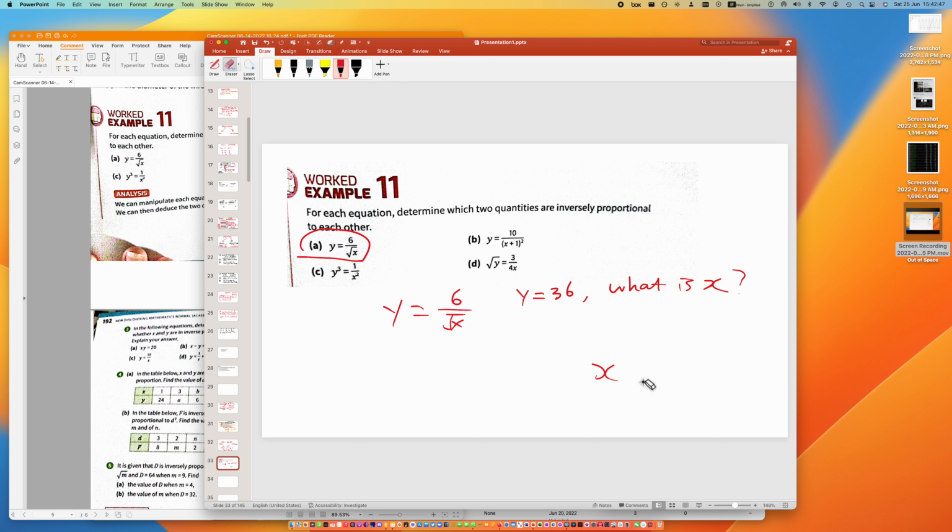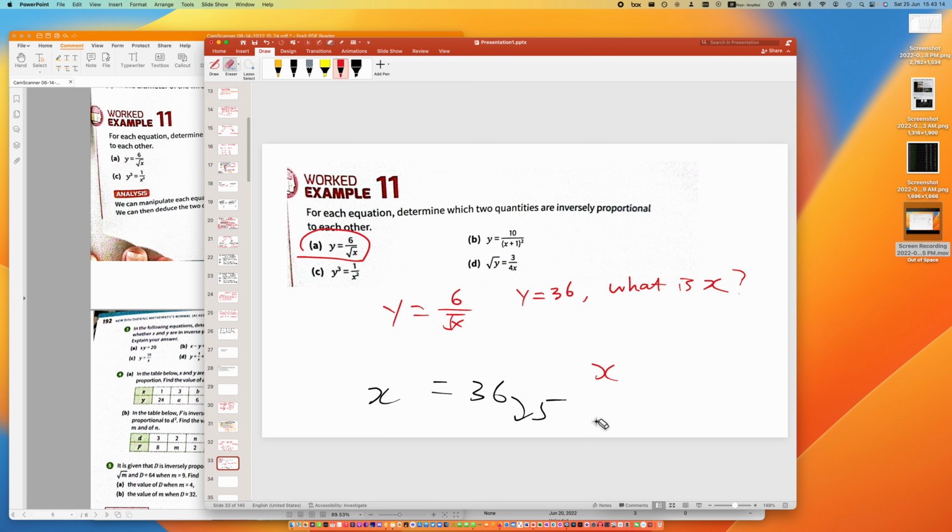So if I give you x squared equal to 36, what do you do on the left? How do you get rid of the square? Square root. So you also square root this side. So what do you get? The square root and square cancel each other.